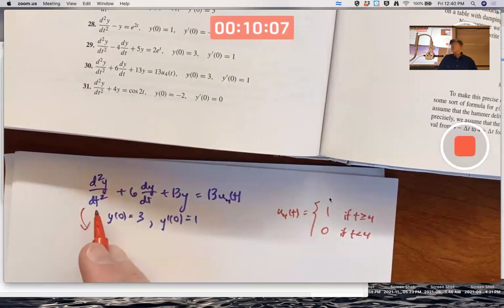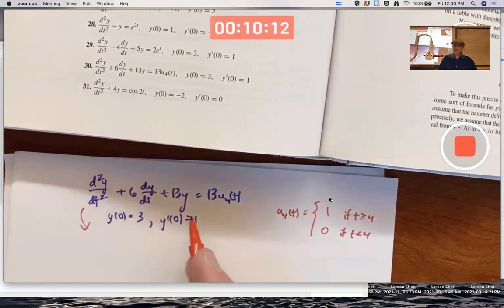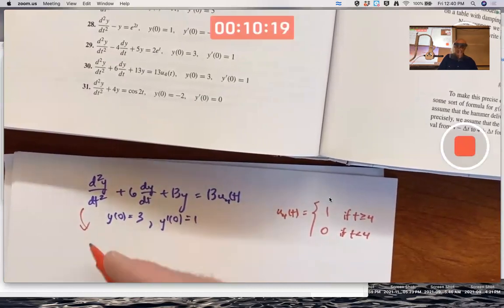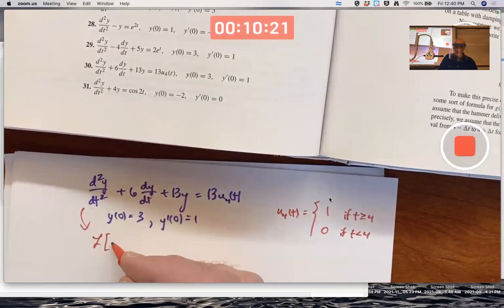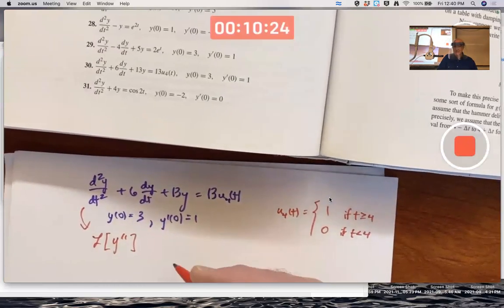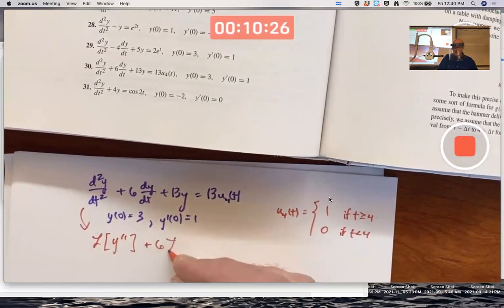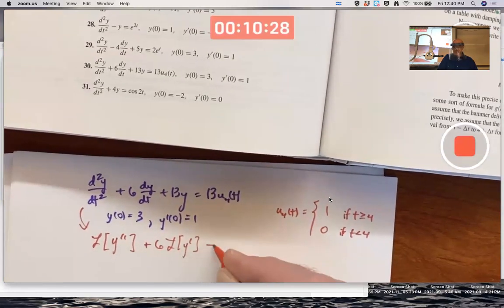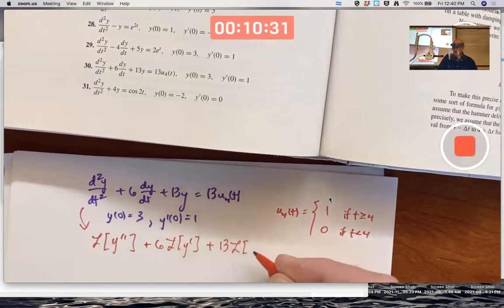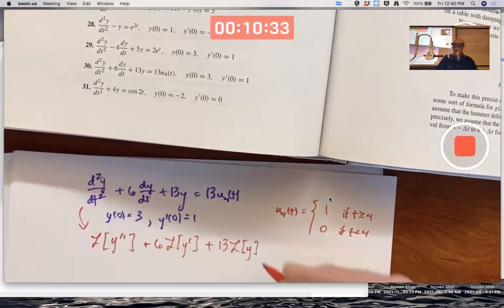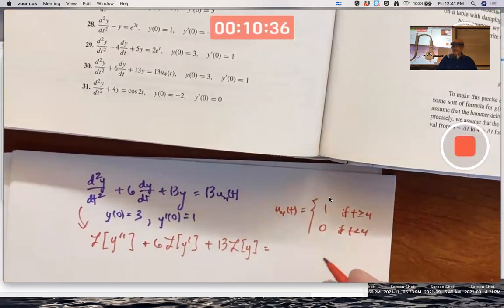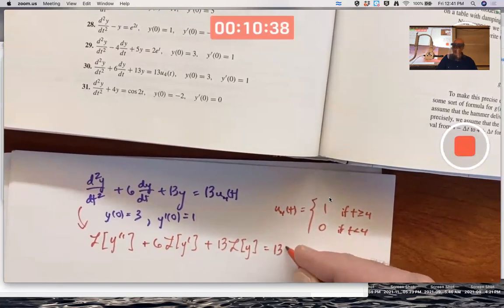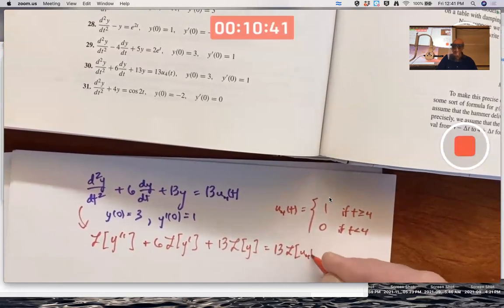The Laplace transform of this linear combination of a second derivative, a first derivative, and the function itself, because the Laplace transform is a linear transformation, its operation preserving, would be the Laplace transform of the second derivative, which I'll just write with primes here to save room, plus 6 times the Laplace transform of the first derivative, plus 13 times the Laplace transform of the function y itself, equals the Laplace transform on the right-hand side, which can be thought of as 13 times the Laplace transform of u4 of t.